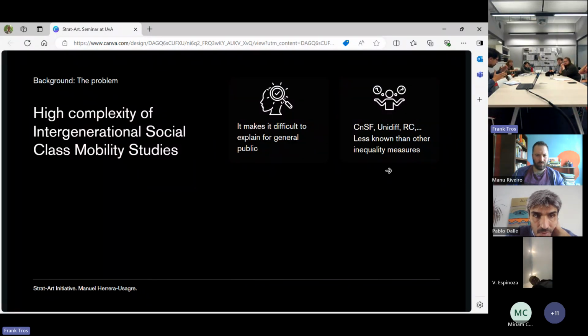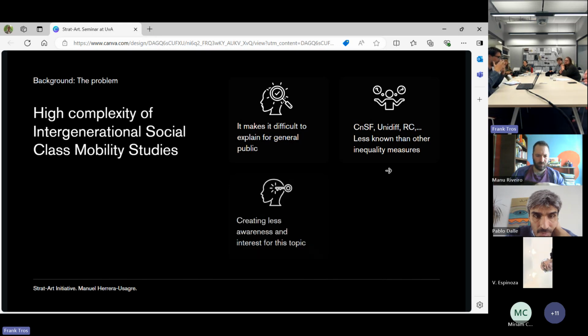So from one generation to another, the level of association between parents and sons and daughters is a little bit lower. These kinds of indicators are less known than other inequality measures, such as the Gini coefficient. So not many scholars know about them, and it creates less awareness about this important topic, which is social mobility.